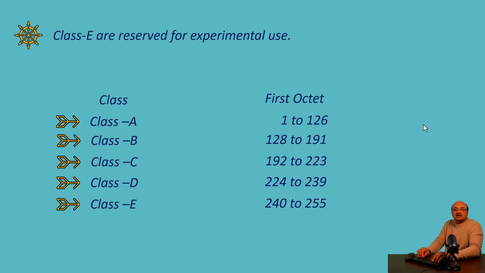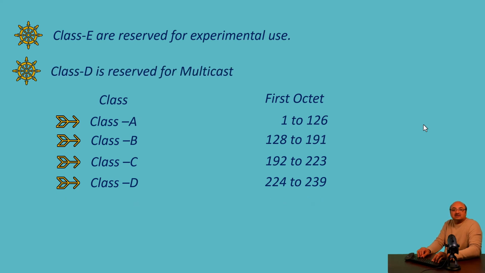Class E addresses are reserved for experimental purposes and you will never see them in live traffic. Class D addresses are special addresses and they are used for multicast traffic. For now, our focus will be on class A, B and C.